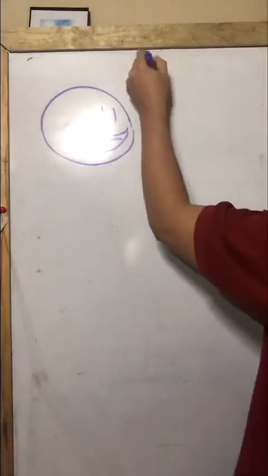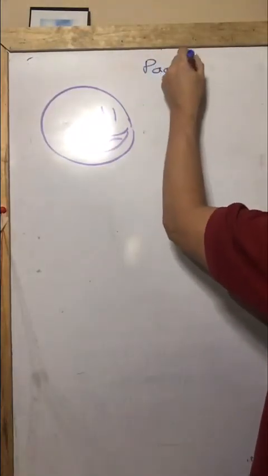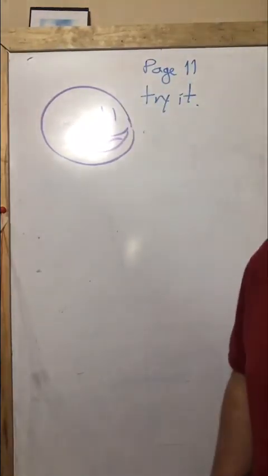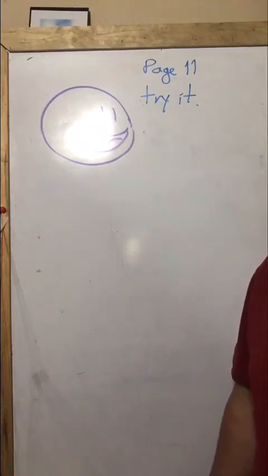Let's go to page 11, and this is a practice page. Number 11. Try it. It says in there, use the lines to explain how the nouns were made into the plural forms. The first one is done for you.